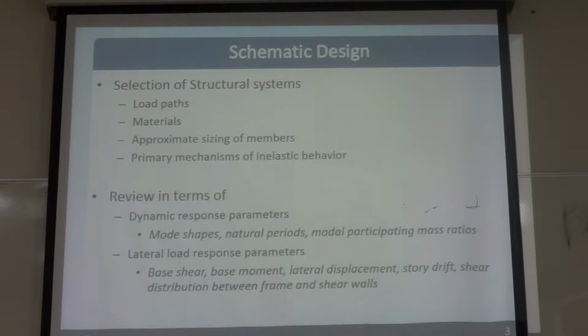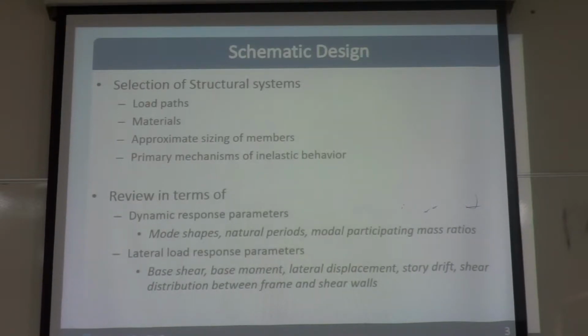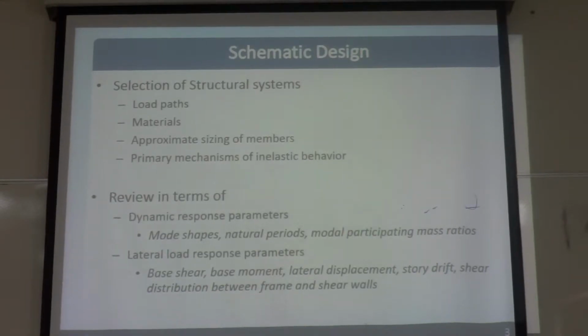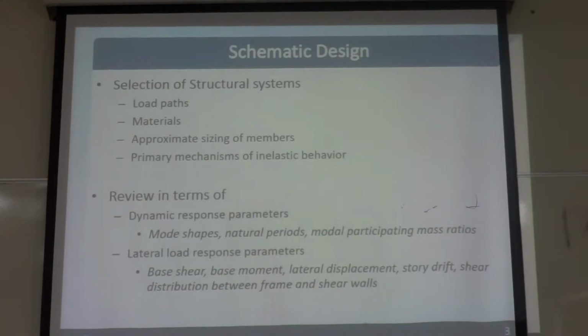We estimate, okay, this location might yield, for example, in beams, we assume that, okay, the beam will yield at the end in flexure. So we have to put proper confinement in that zone, and due to that yielding of the beam, what will be the maximum shear?